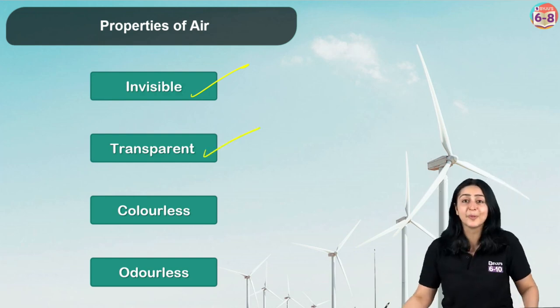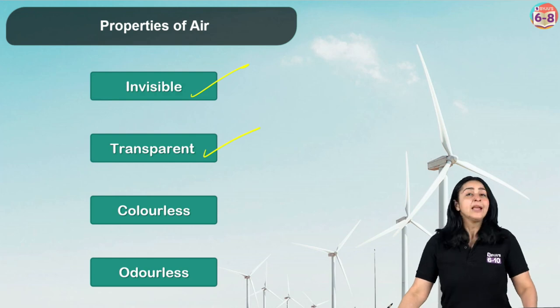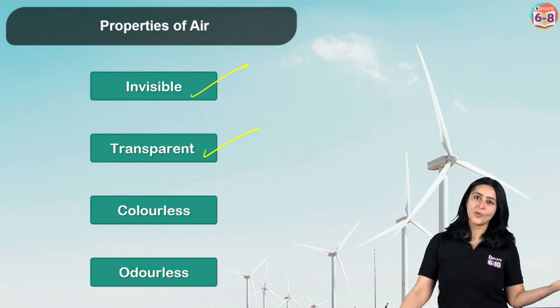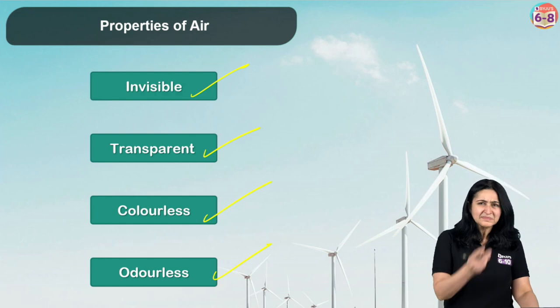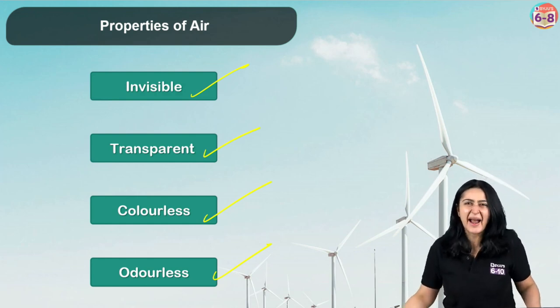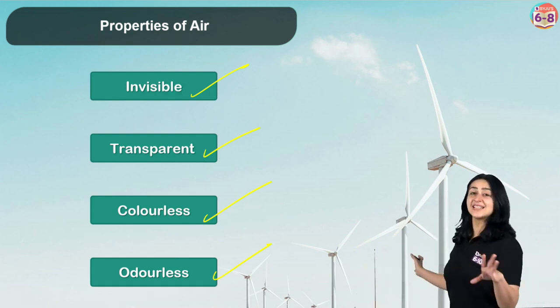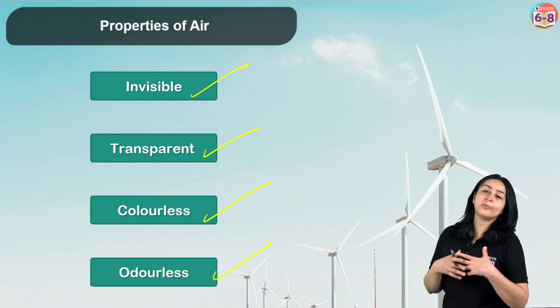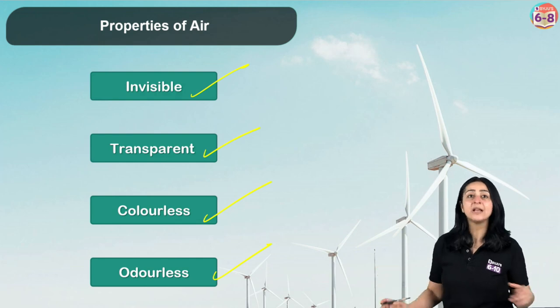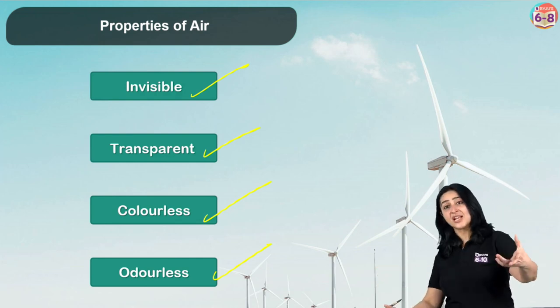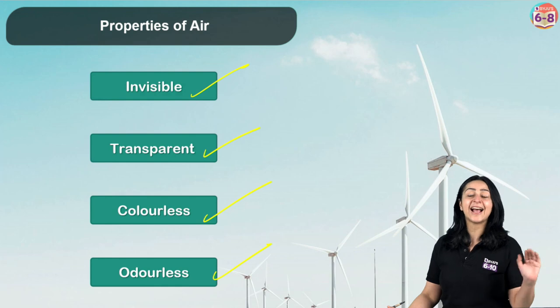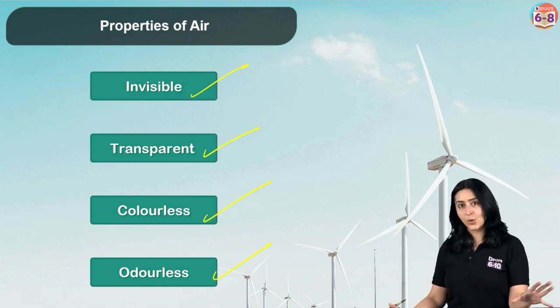So this is property number two. It is colorless. It has no color. We know that, okay? And it definitely doesn't have a bad smell or a good smell for that matter. It is odorless. So even in our daily lives, we know that we can't see air, it's invisible, it is transparent, it is colorless, and it has no odor, so it is odorless.